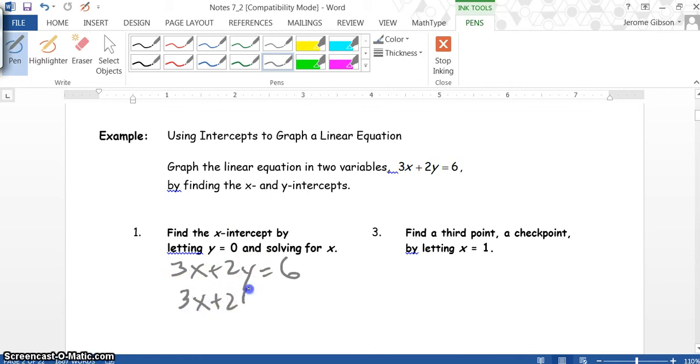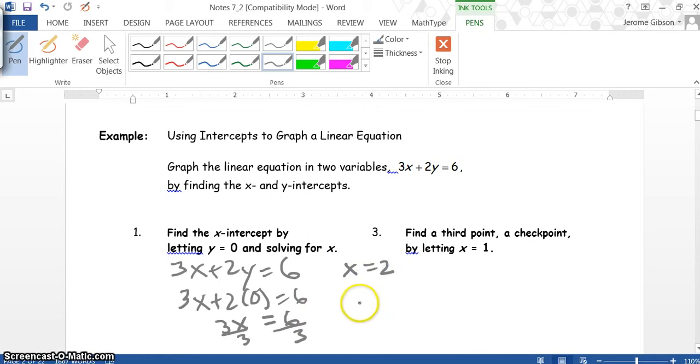So it'd be 3x plus 2 times 0 is equal to 6. 2 times 0 is 0, so it still would just be 3x, and that equals 6. We divide each side by 3, and we will have x is equal to 2.